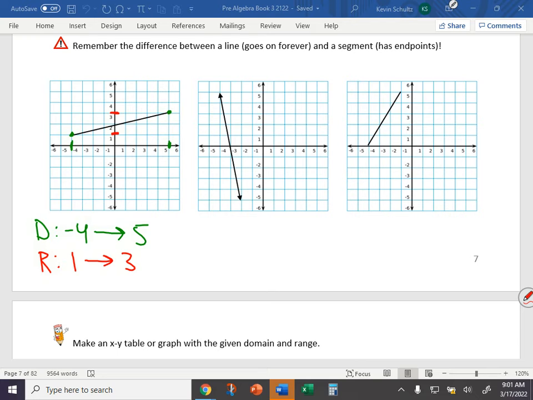Second one, what do we got? It's a graph, but what type? It's a line. And how do you know? Because it goes on forever. And what tells you that? The arrows. So because it's a line, what's our domain and our range? Look back at your notes from a section above.